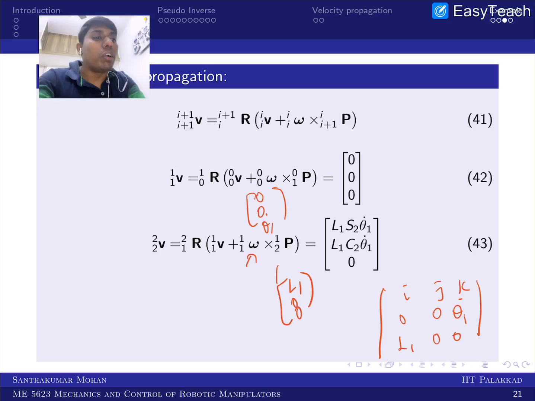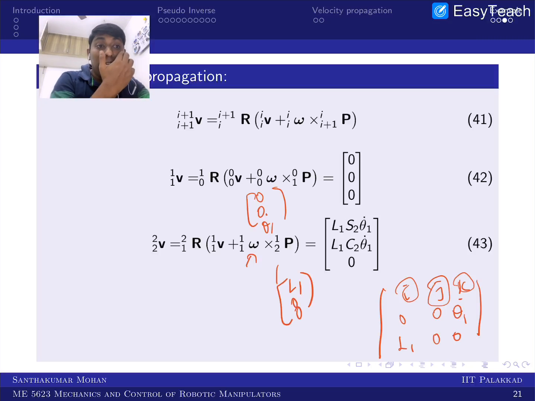What term do you get? Only the j term, right? The k term will not be there and the i term will not be there, but the j term will be there.